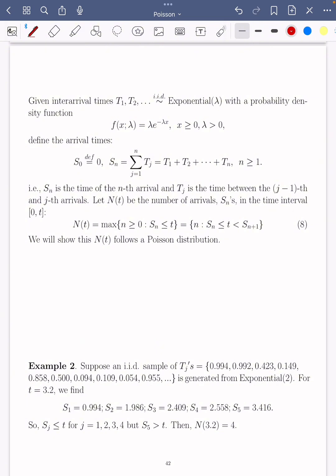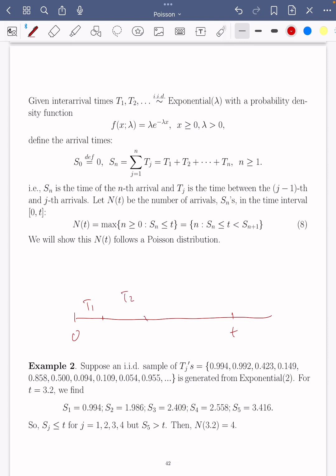Okay, so the picture for this setting again is like this: 0, and then this is t, and then we have T1 here. So T1 is the time for the first arrival, and T2 maybe is here.